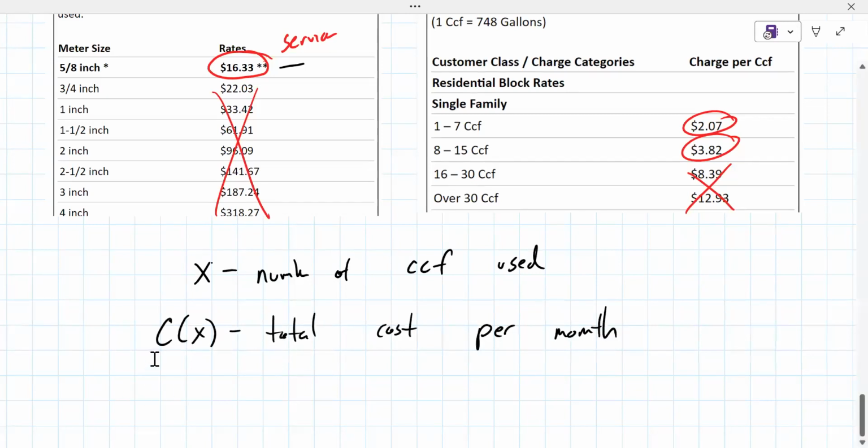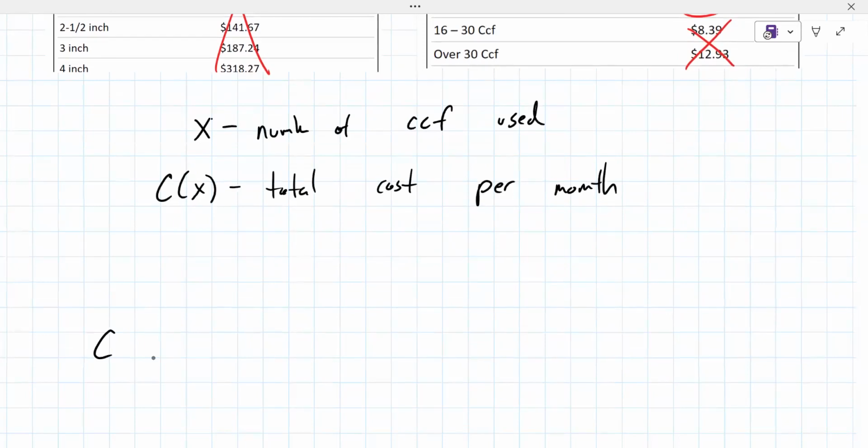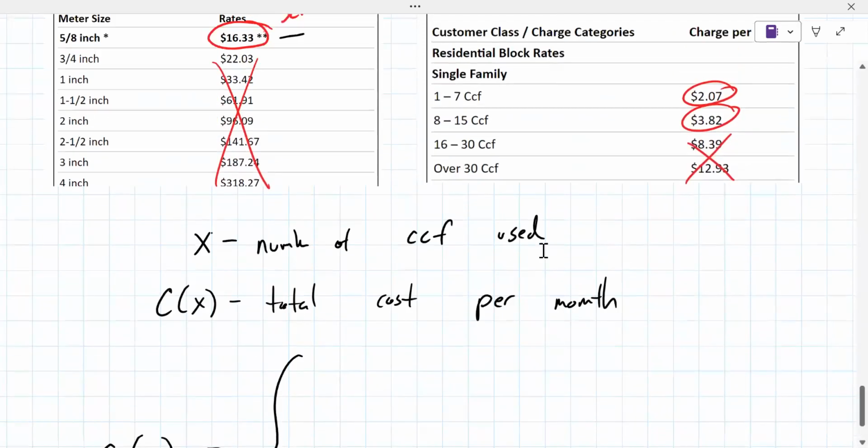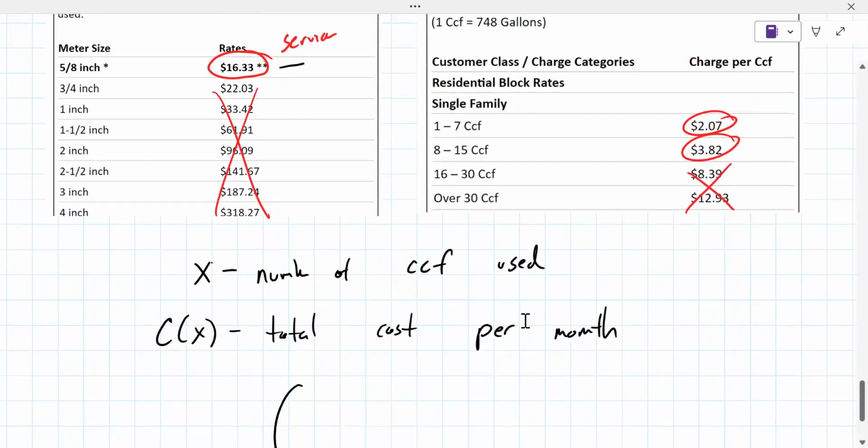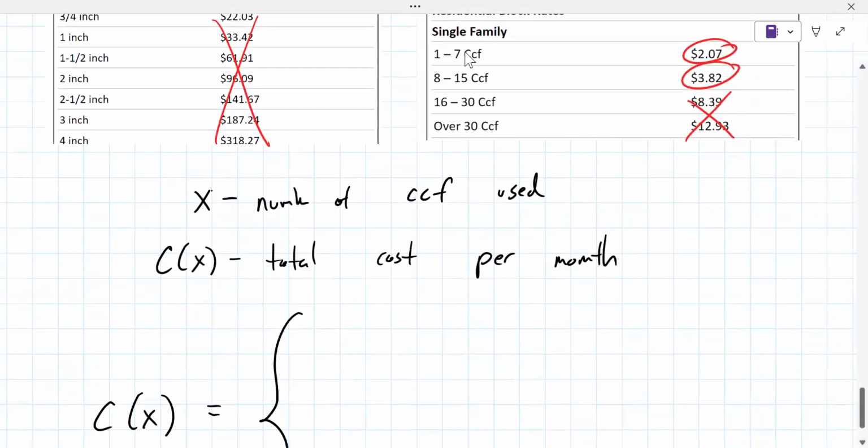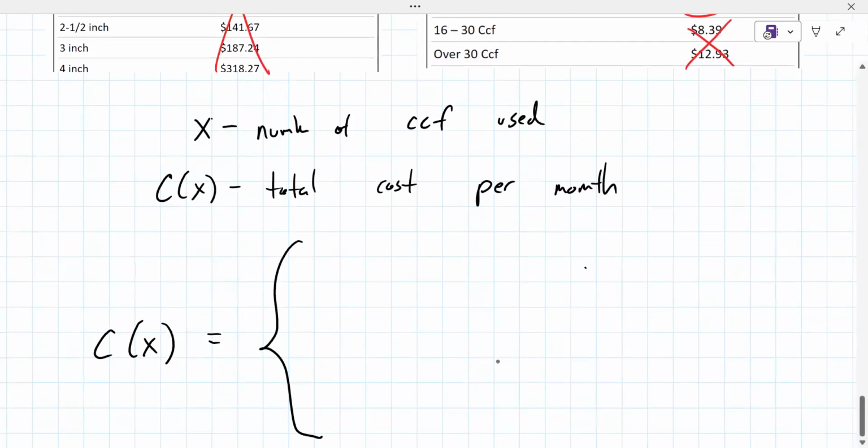Okay. Now we can create our piecewise function here. Our piecewise function is first valid from 1 to 7 CCFs, so when X is between 1 and 7.